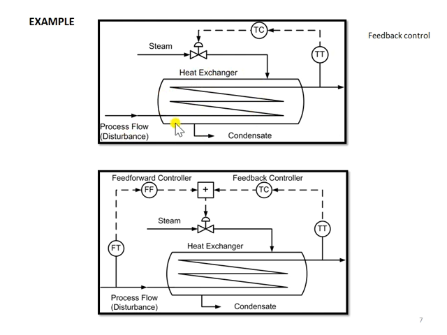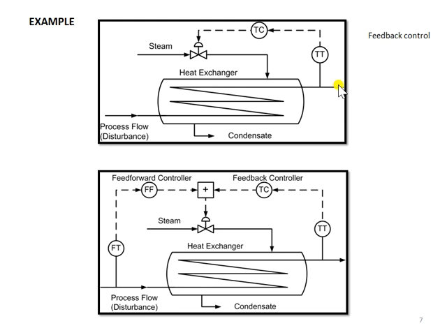So first we have to understand how the heat exchanger works. We can notice that the process flow has been recognized as the disturbance. So the process flow will go through the heat exchanger and exit the heat exchanger.